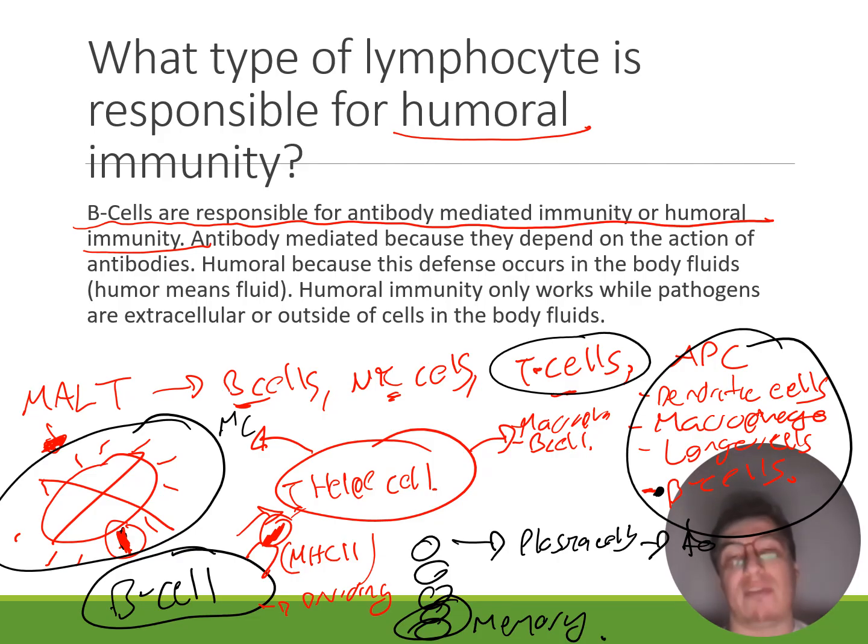Once activated, the helper T cells co-stimulate themselves, as well as the other cells, to mount an immune response. The overall purpose is to tell the B cells that there is a pathogen that looks a certain way, so that they can create antibodies specific to this type of antigen, to this type of pathogen with certain antigens.